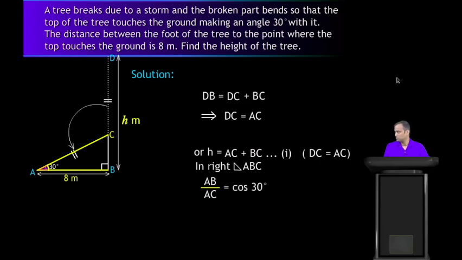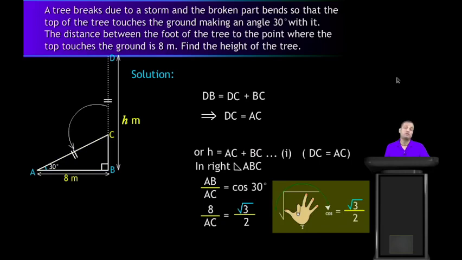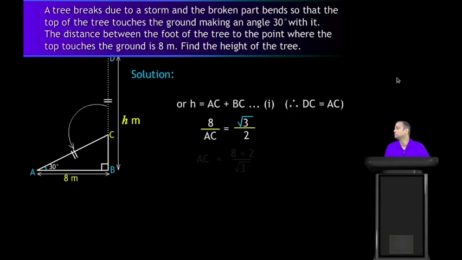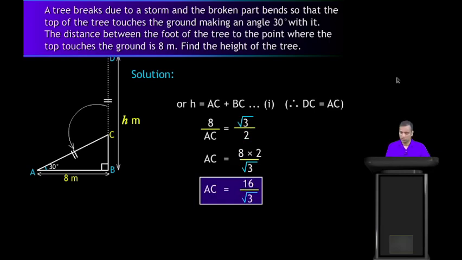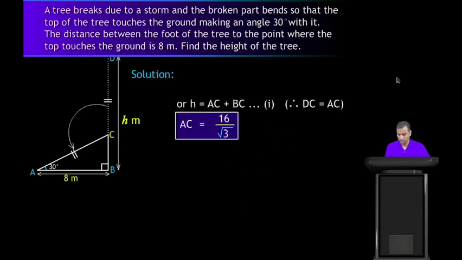Now put the values. AB is 8 meter and AC is not given. And what is the value of cos 30? Yes, it is root 3 by 2. And the answer is 16 upon root 3. This is the value of AC. Now we can find the value of BC by using a different ratio. Now we can take BC upon AB.